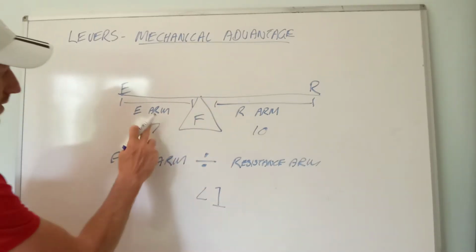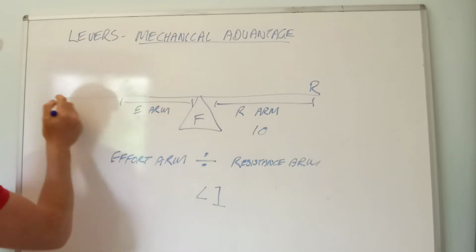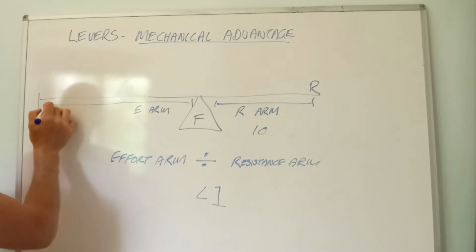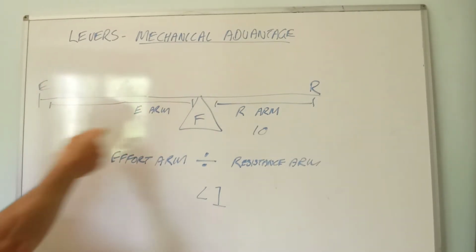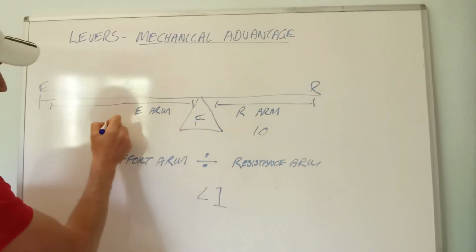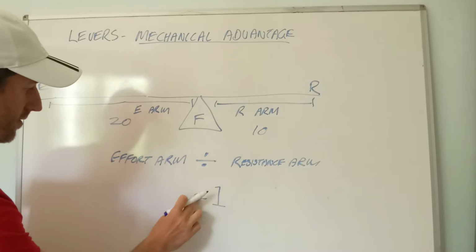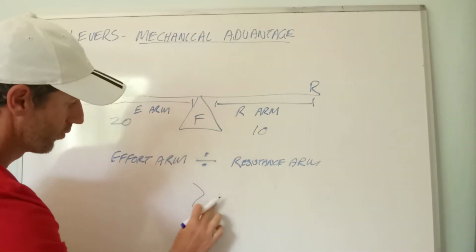Now if the effort arm was longer, say twice the length, 20 centimeters, then 20 divided by 10 would be above 1. It'd be more like 2.